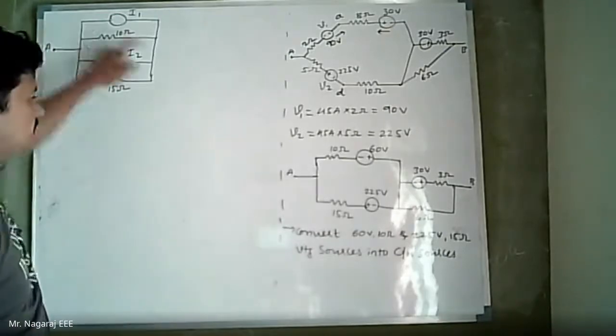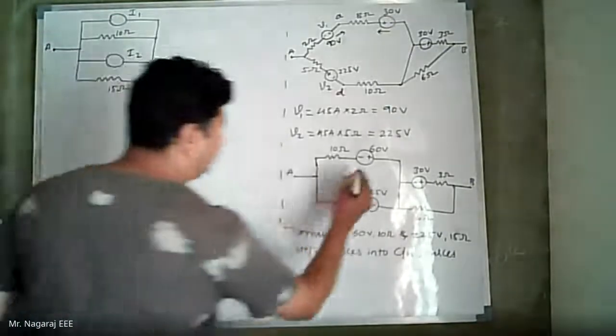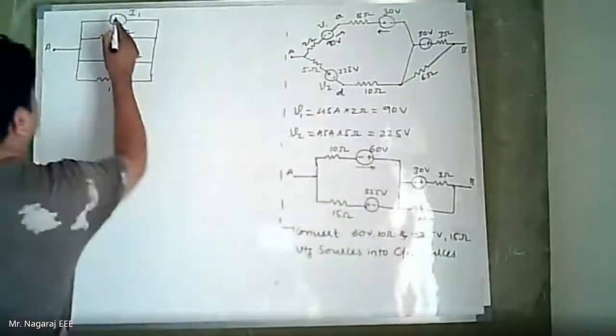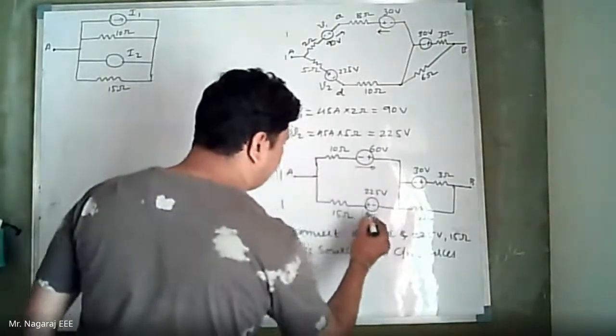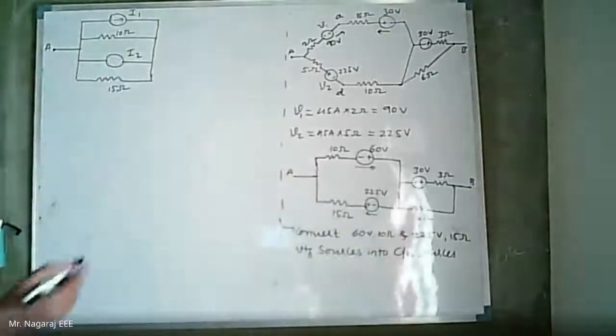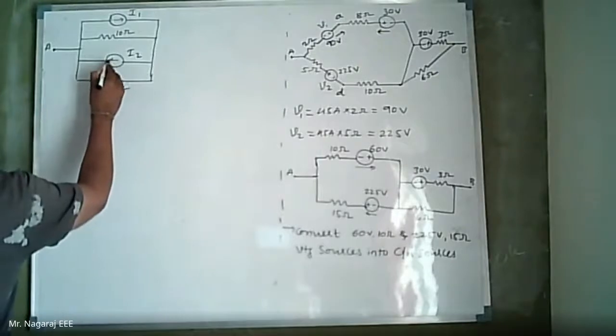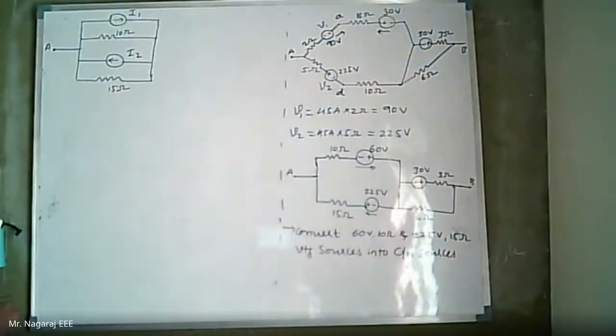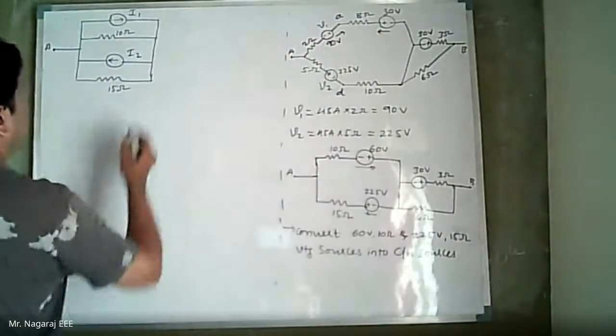Now see the direction of I1. Direction of I1 should be same as that of direction of 60 volts, which is left to right. This is I1. Now direction of I2 should be same as that of 225, so it is from right to left. Direction of I2.